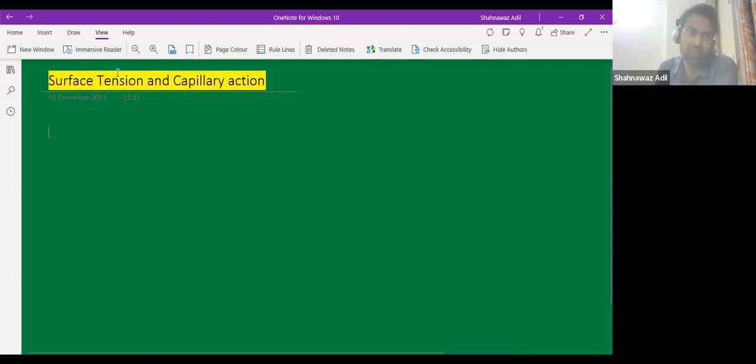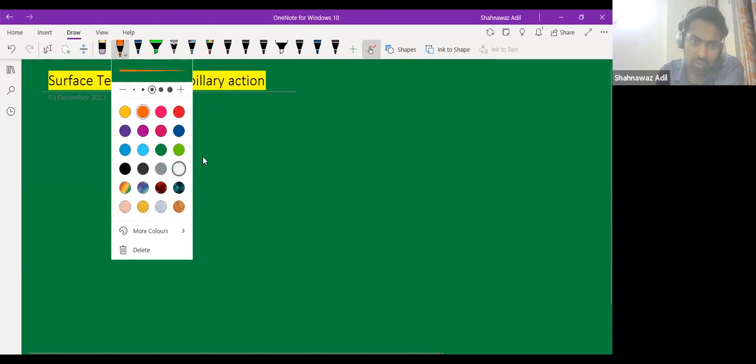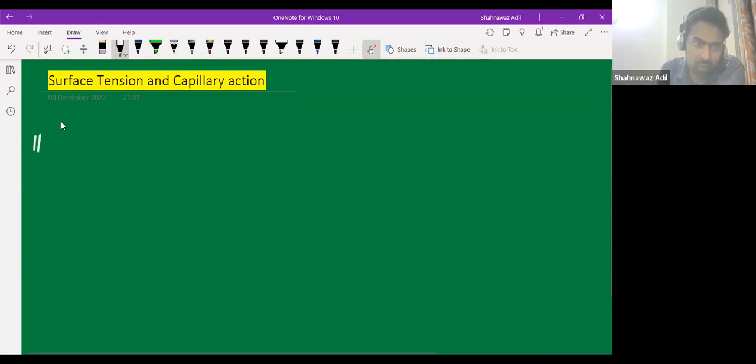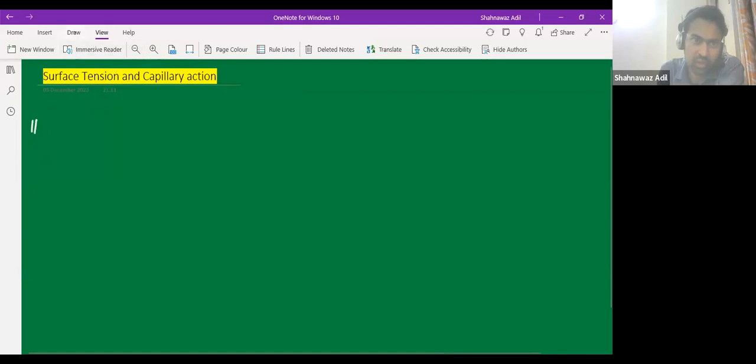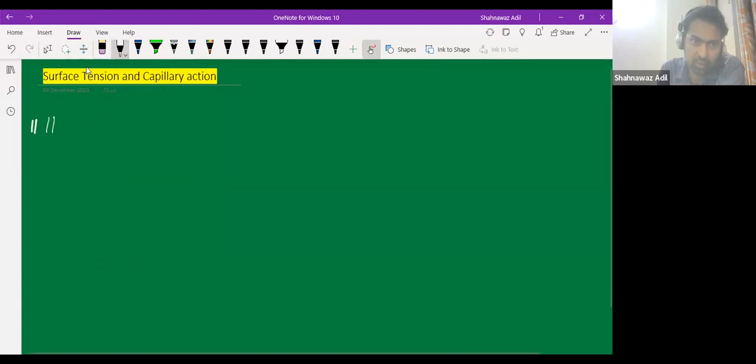What is this surface tension? So surface tension.